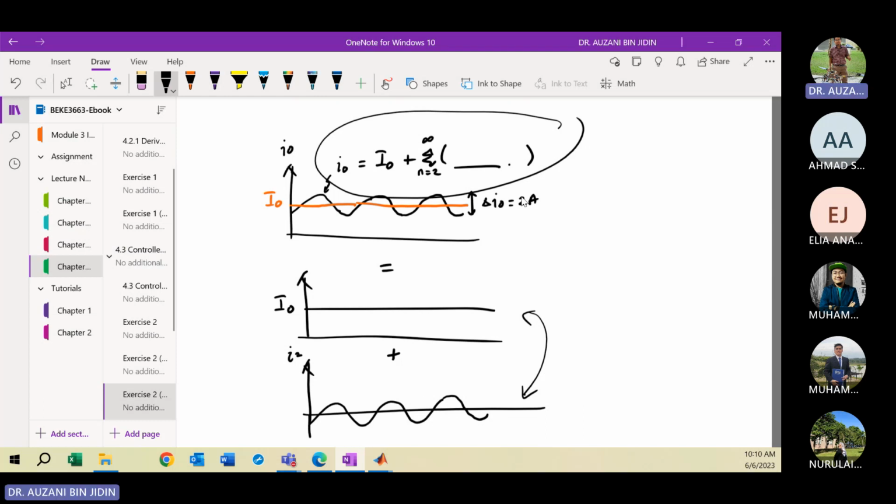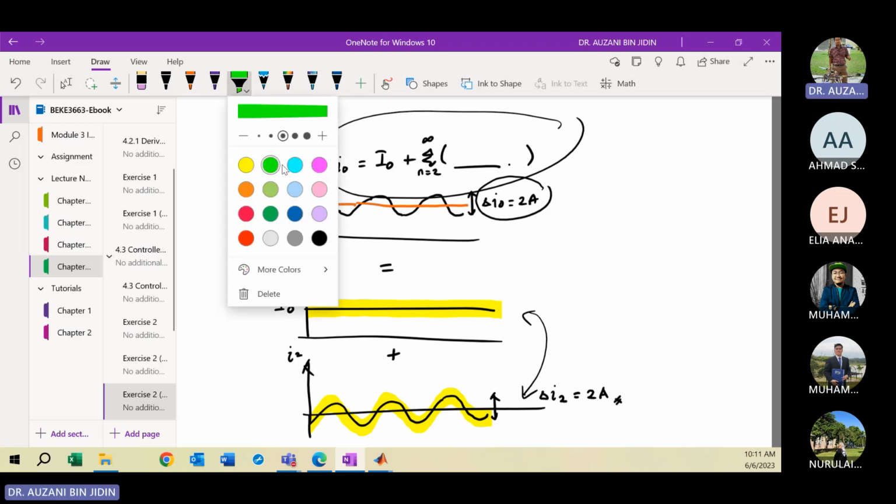Because the design requires the current ripple to be limited to 2 ampere, the peak to peak change of I2 is also 2 ampere. Right? You can imagine summing these two wave shapes, the average and the first AC term I2, and you get this wave shape.